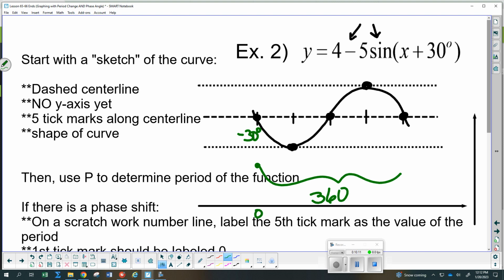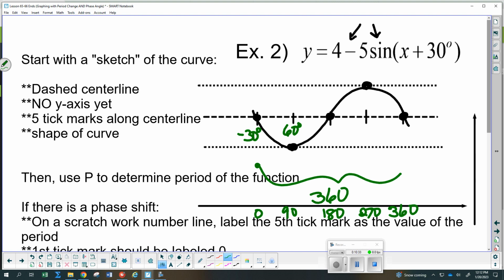If I didn't have the shift, I would have gone from 0 to 360. Middle of that would have been 180. Middle of that would be 90. Everything's 90 apart, so I would have had 0, 90, 180, and 270. If I move the 90 also to the left 30, it is 60 degrees.